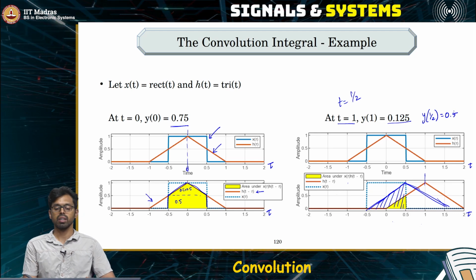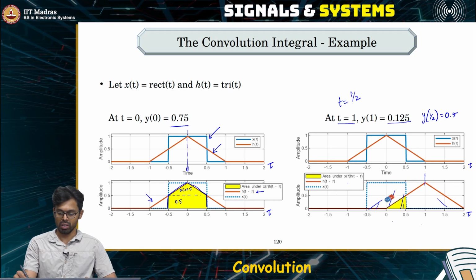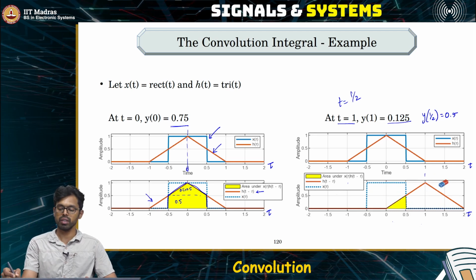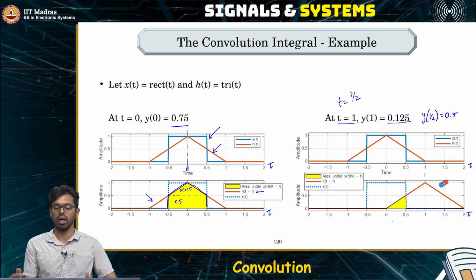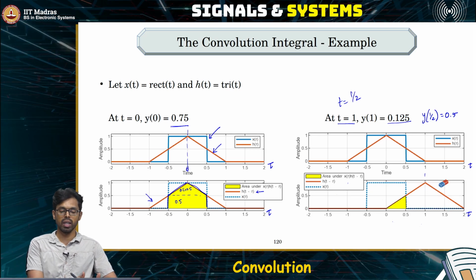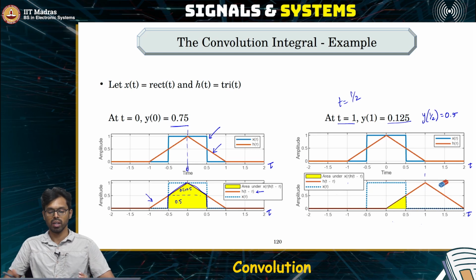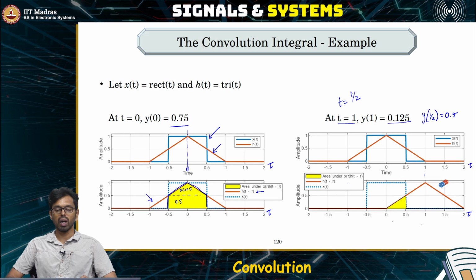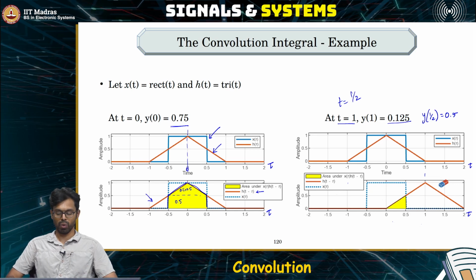This is exactly how convolution works. You reverse your impulse response, keep shifting it from left to right, at each and every point multiply that with your input signal, take the area of the product, and that single number will be the output value at that time instance.